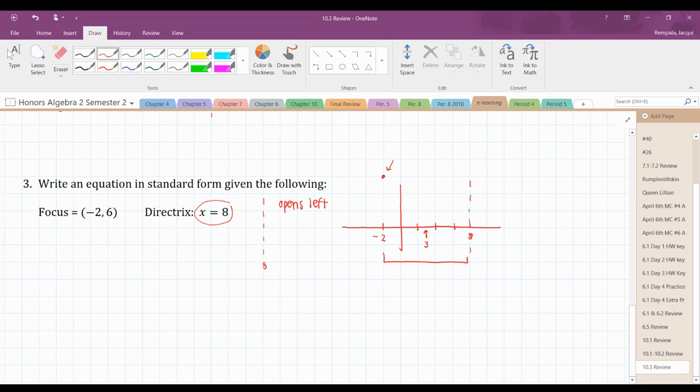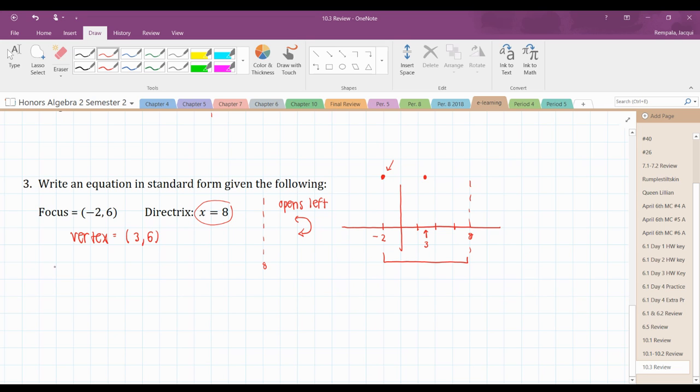Your focus point and your vertex are always going to be lined up nicely. So in this case, because my graph is going to be opening to the left, my focus point and my vertex are going to be lined up horizontally. So it has to still be lined up here. And so my vertex is going to be the ordered pair 3, 6.